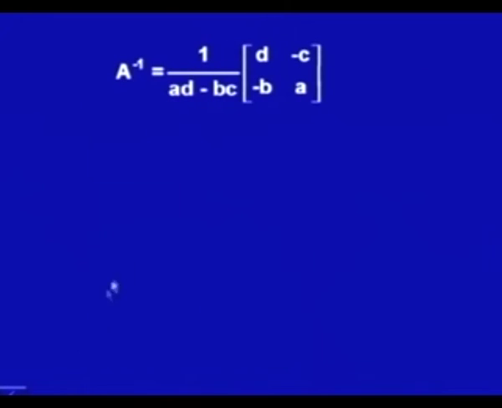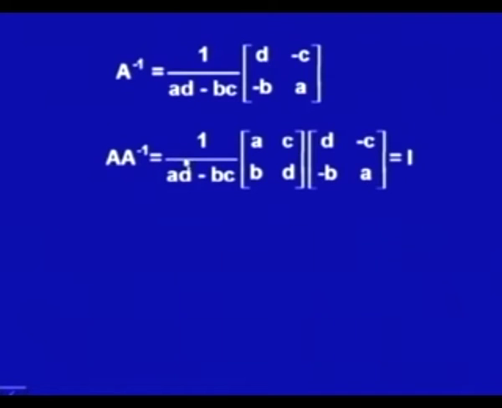Let us verify that this actually is an inverse. We multiply A by A inverse and see that it comes out to be an identity. The first element is A D minus B C, which divided by A D minus B C is 1.